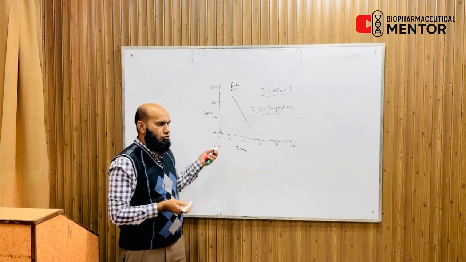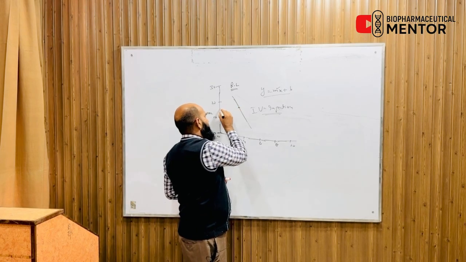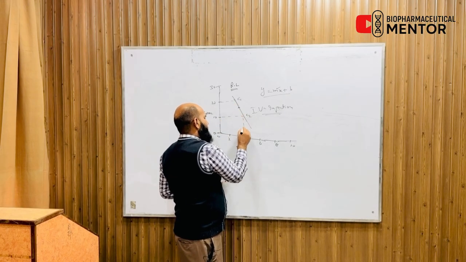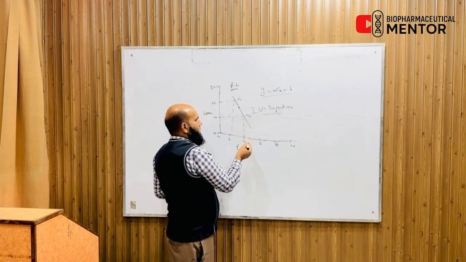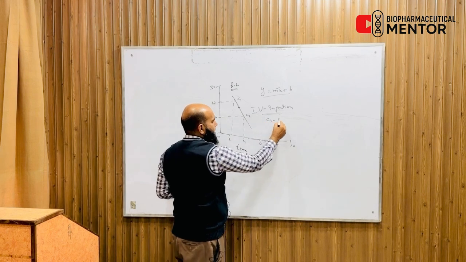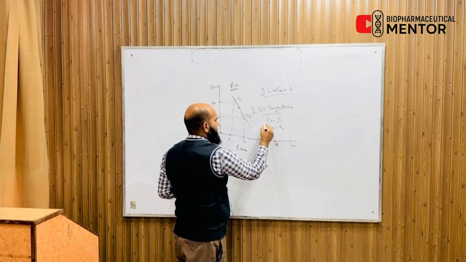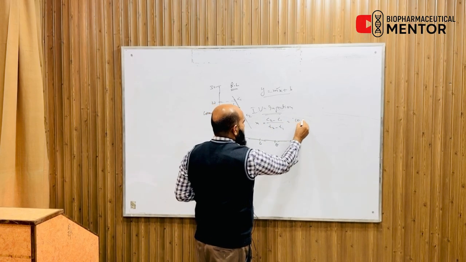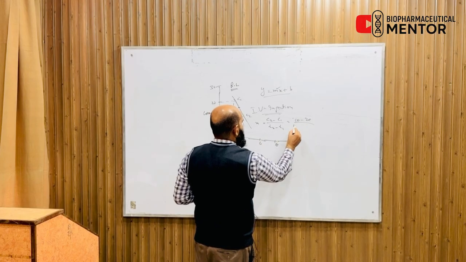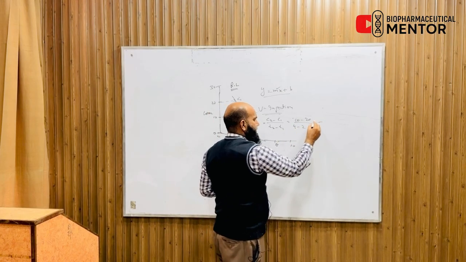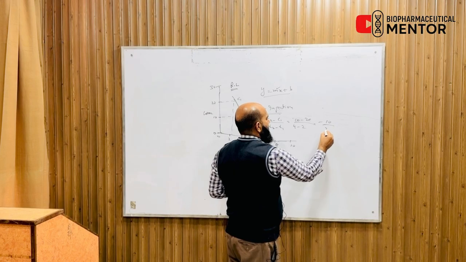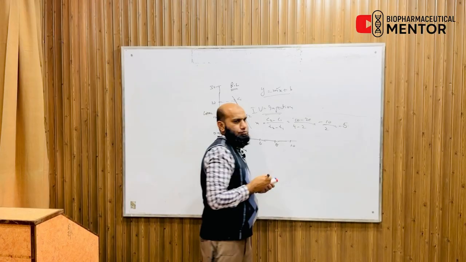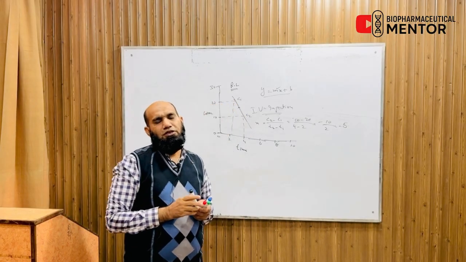When we take the ratio of these two concentrations, for example, if C1 is 20 and C2 is 10, and times 2 and 4 are the times, then we write C2 minus C1 over T2 minus T1 as the slope. So we get minus 10 divided by 2, the answer is minus 5. This is our slope, which is in negative form.